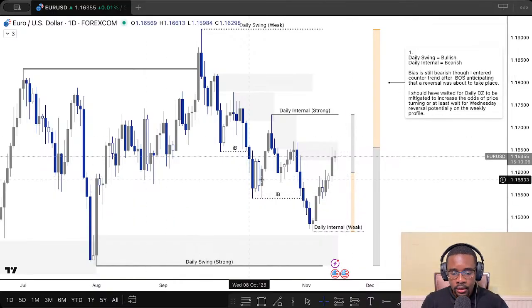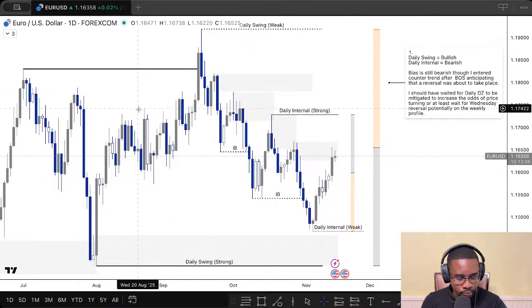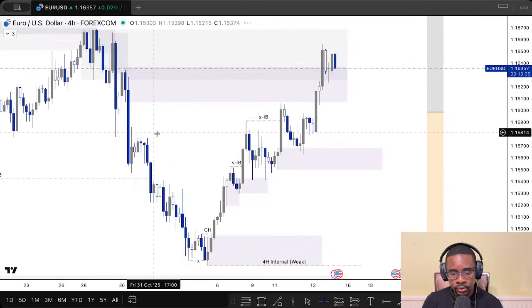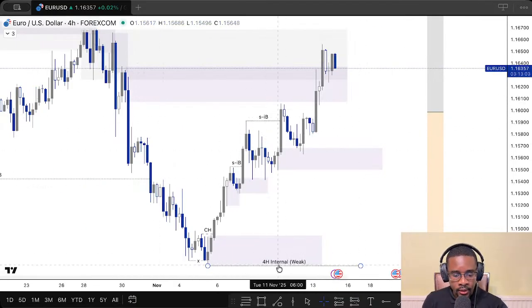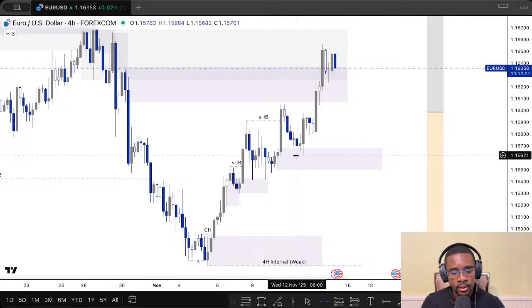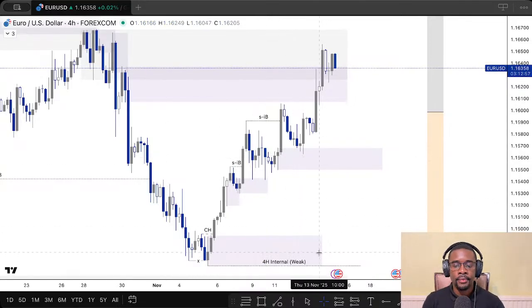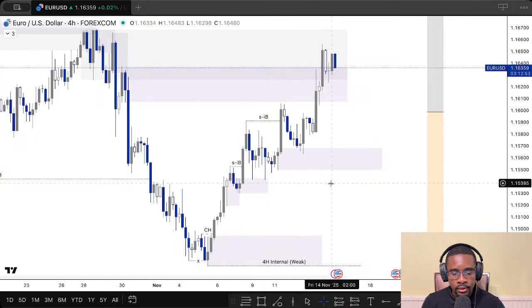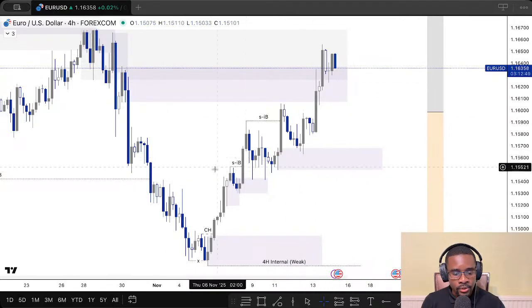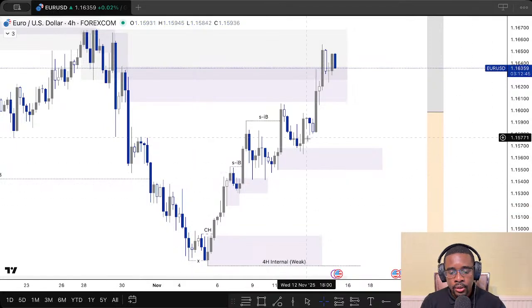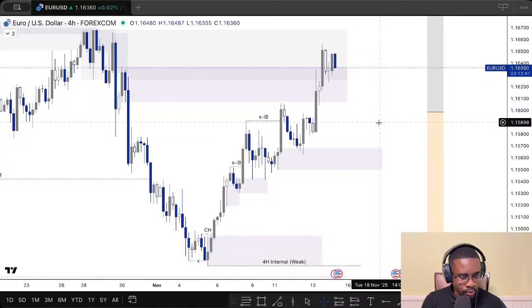If we look at the 4-hour, we're saying that the 4-hour is bullish, and the 4-hour demand zones are being respected. None of them have been violated, and we'll be seeing supply being removed.